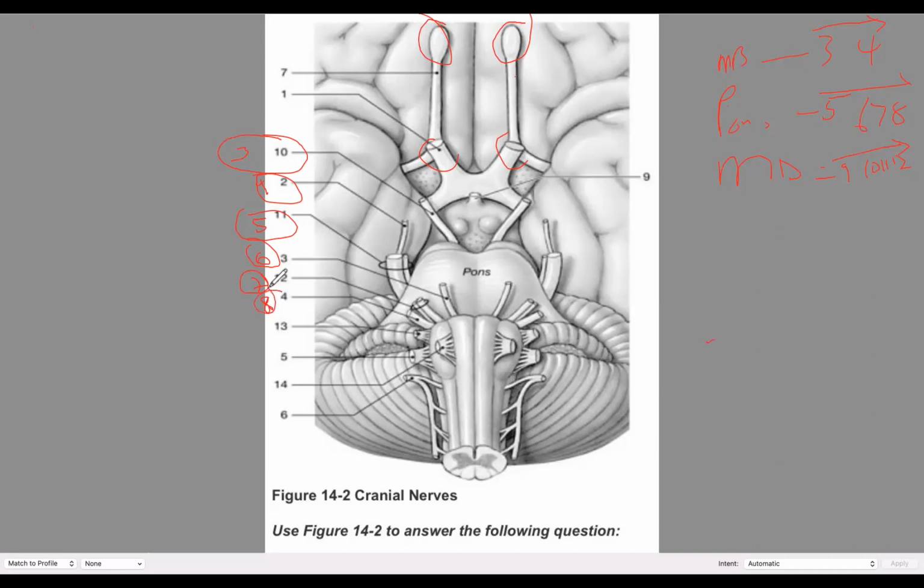Then we now move to the brain stem. It's really clear here, but I'll try. It said from top to bottom will be 9.